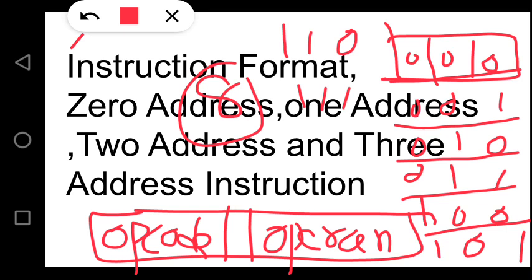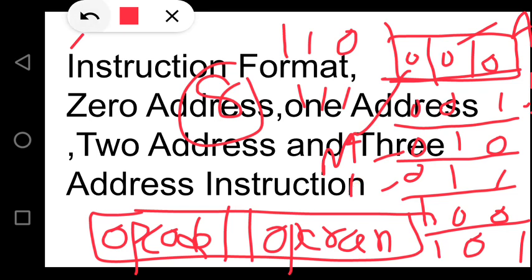If I reserve 3 bits for the opcode, I can store 8 different values, that is 0 to 7. Each one you can represent as one unique operation, like 000 means add, 001 means subtract, 010 means multiplication, division. Like that you can specify 8 different opcodes for 8 different operations.